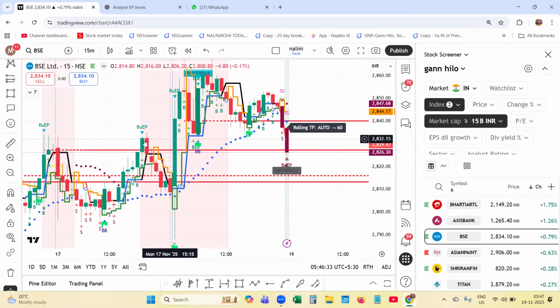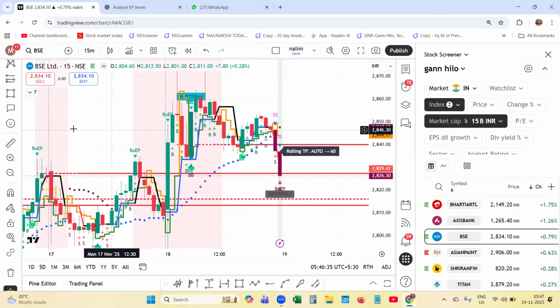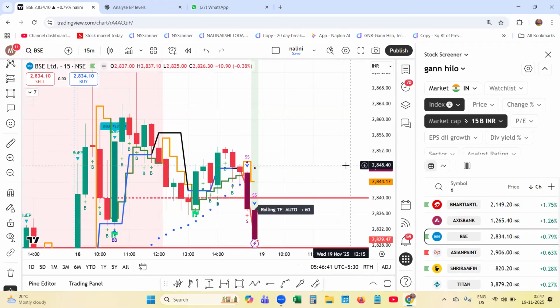So now you can see when the market started rejecting over here, the pivots turned black, neutral, and when the price started falling below this, then the market lost balance.